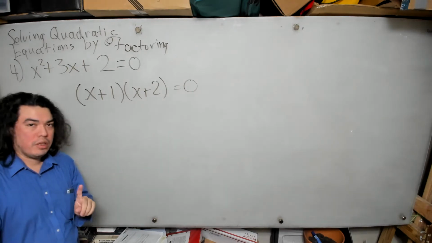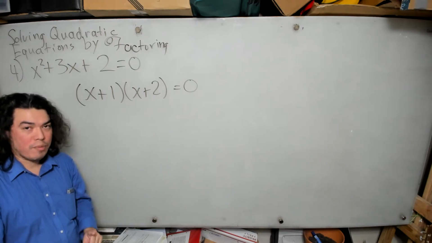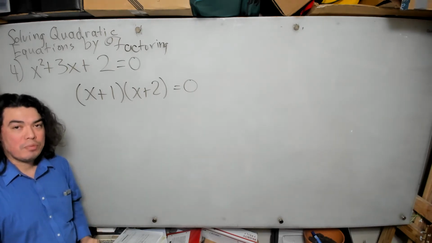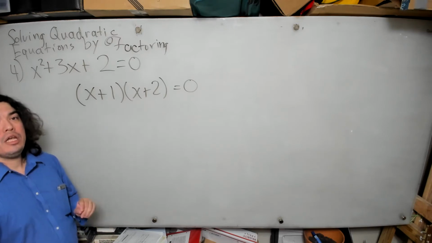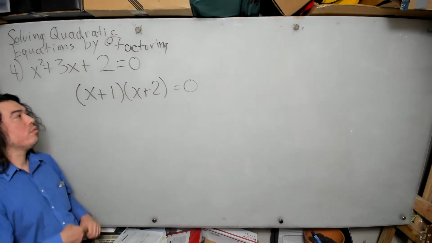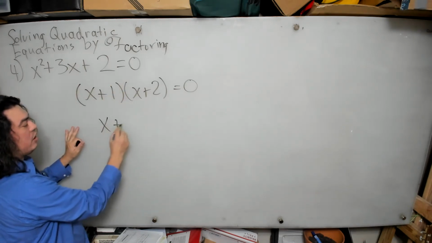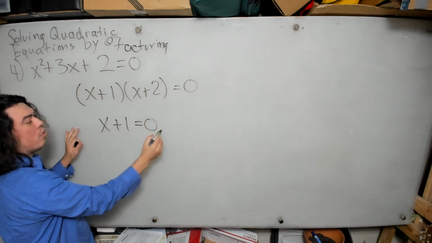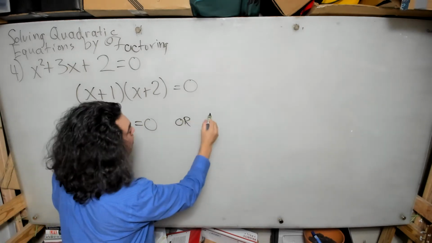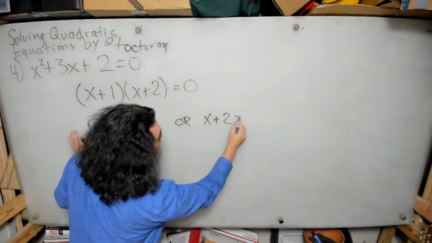We know that from the zero product property, if two numbers multiply to give 0, then either one of them or both of them is 0. What does that mean? That means that either x plus 1 is 0 or x plus 2 is 0.